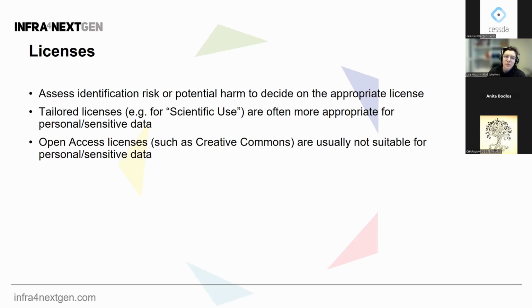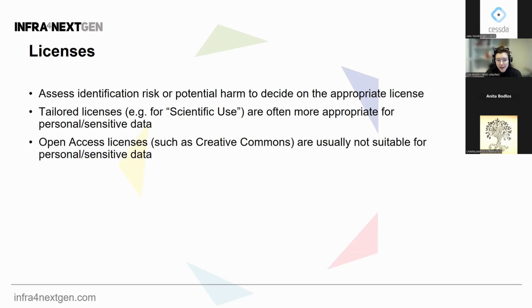And I already mentioned scientific use or scientific reuse. That would be governed under a tailored license for exactly that scientific use. And these are often more appropriate for personal and sensitive data because they narrow the reuse options down a little bit more.